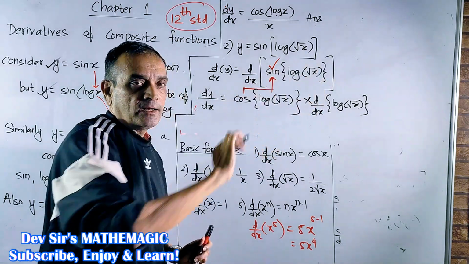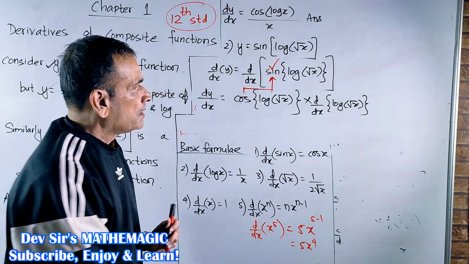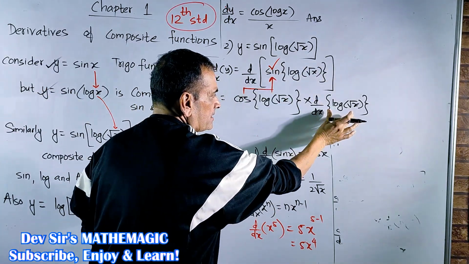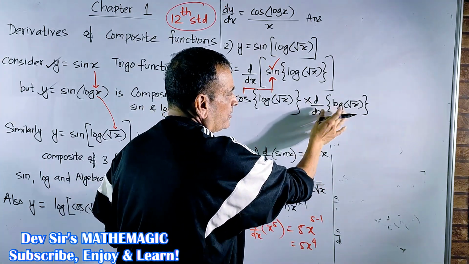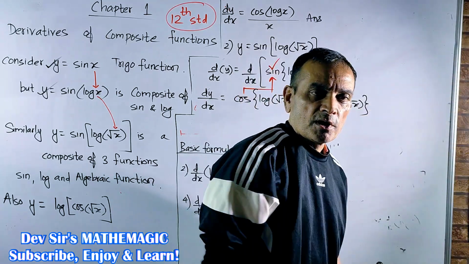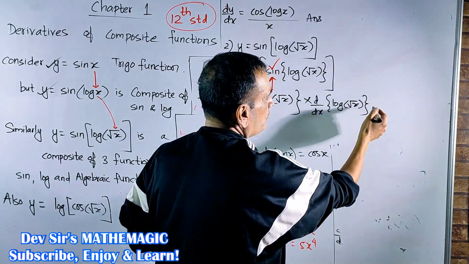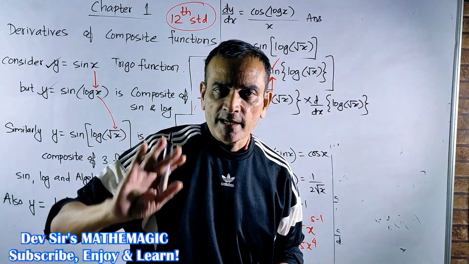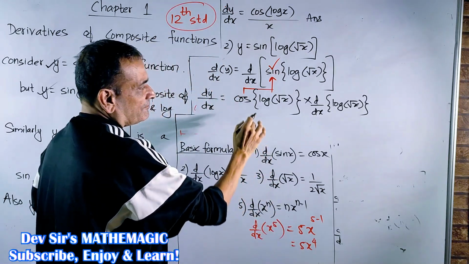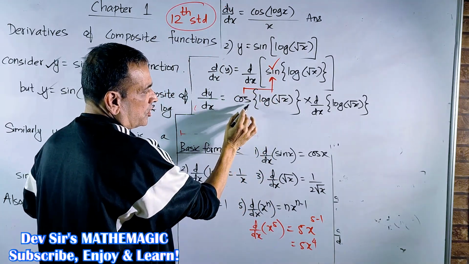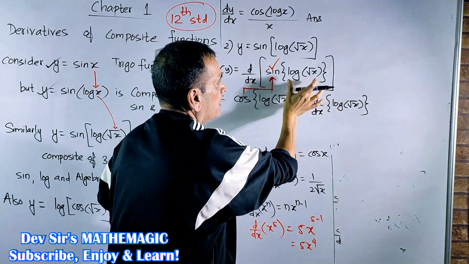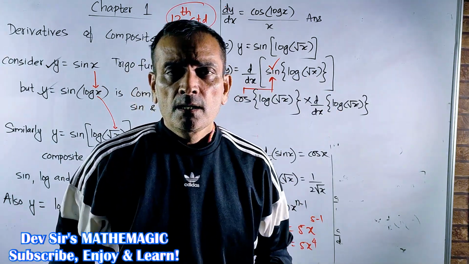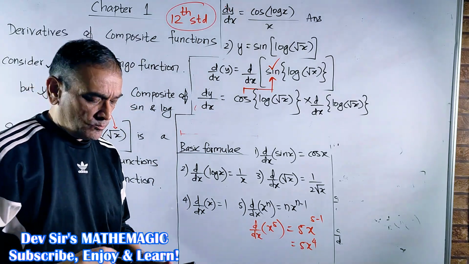So I am going inside now. ये लिखने के बाद stop here. Take the derivative of this and then go to the innermost function. यहाँ पे मत लिखो into d by dx of root x, वो बाद में लिखेंगे लास्ट में. So after finding the derivative of sin as cos, d by dx of अंदर क्या है? Log of root x. Let us take the derivative of that now.